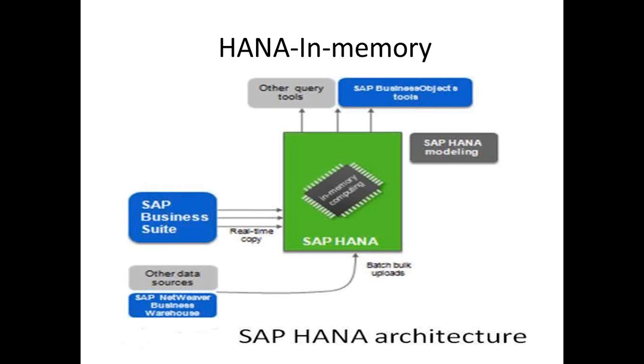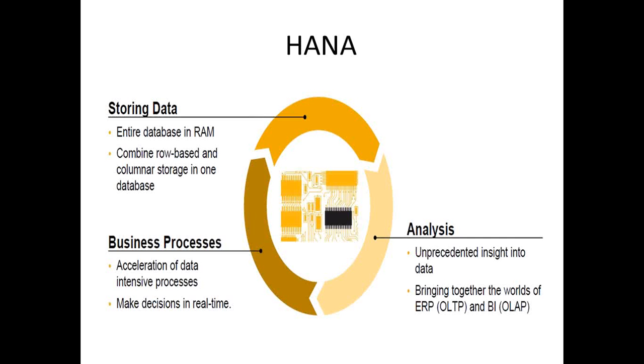Let's say in this example somebody is doing a transaction and has incurred a loss of, let's say, $1 million. If you're going by BW, you will only know about that loss in tomorrow's report. Whereas if you're using SAP HANA, the moment that loss starts happening, you would be able to look at it on your report. You will have alerts, and you would try to change the strategy of how you do business immediately, so you can recover at least some part of the loss that you've made.